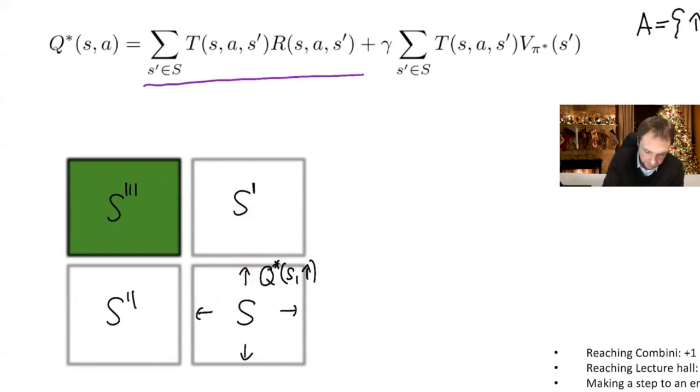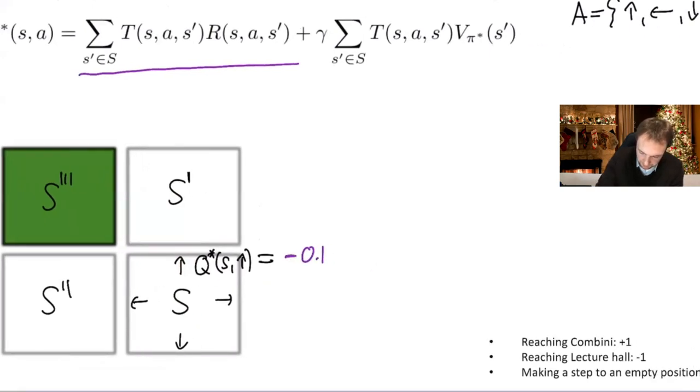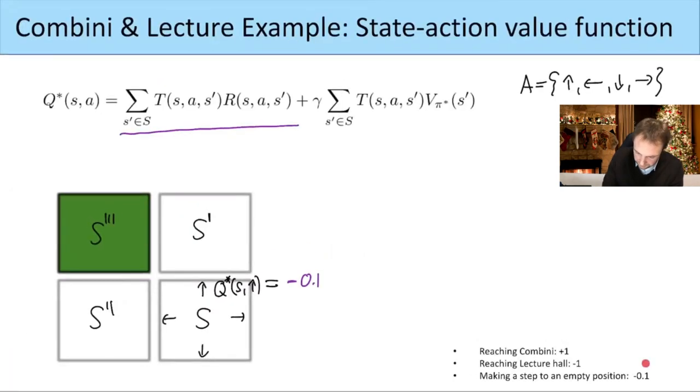So the immediate reward is just minus 0.1, sorry, because making a step to an empty cell is minus 0.1, plus, and then we have this term here.